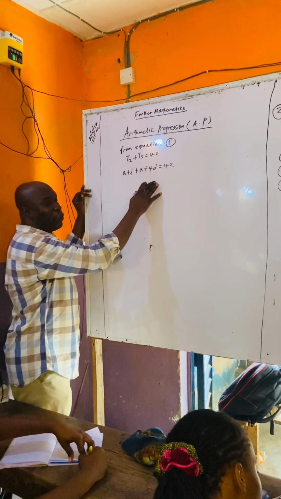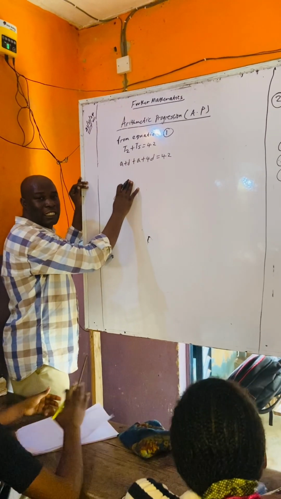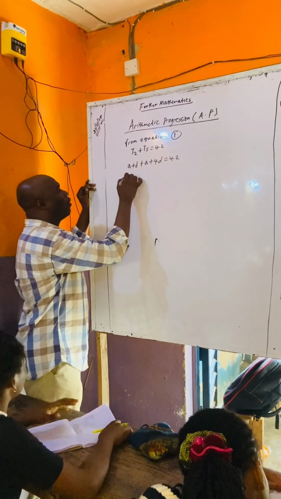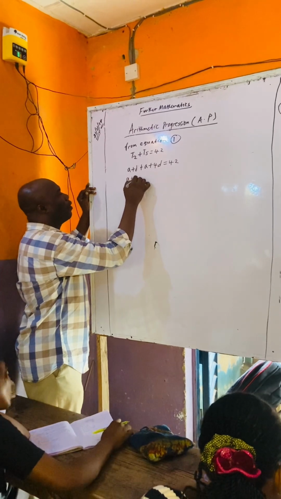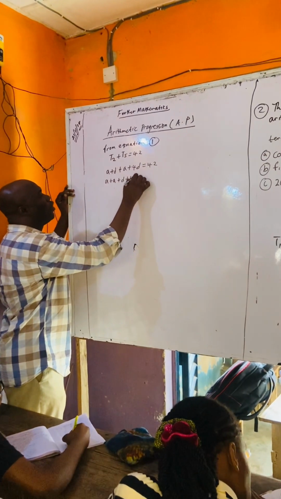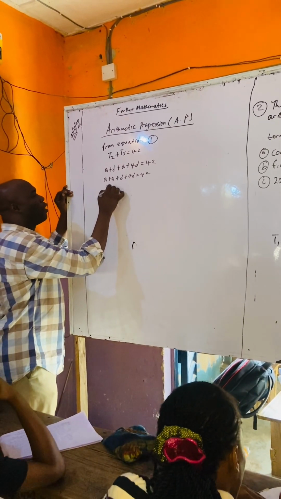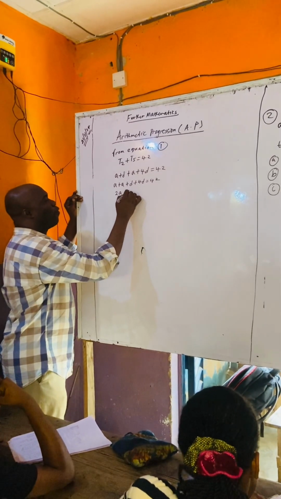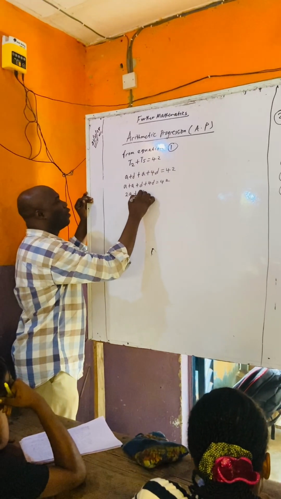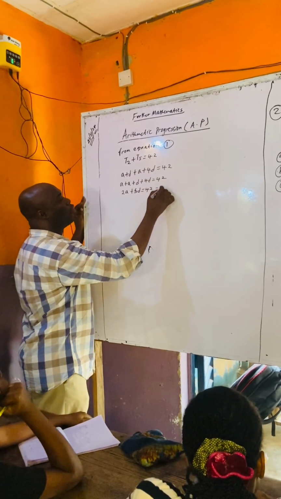So here now, we do a kind of rearrangement. We collect the like terms. So this is a plus a plus d plus 4d equal to 42. A plus a, 2a, plus 5d equal to 42. This one can be equation 3.